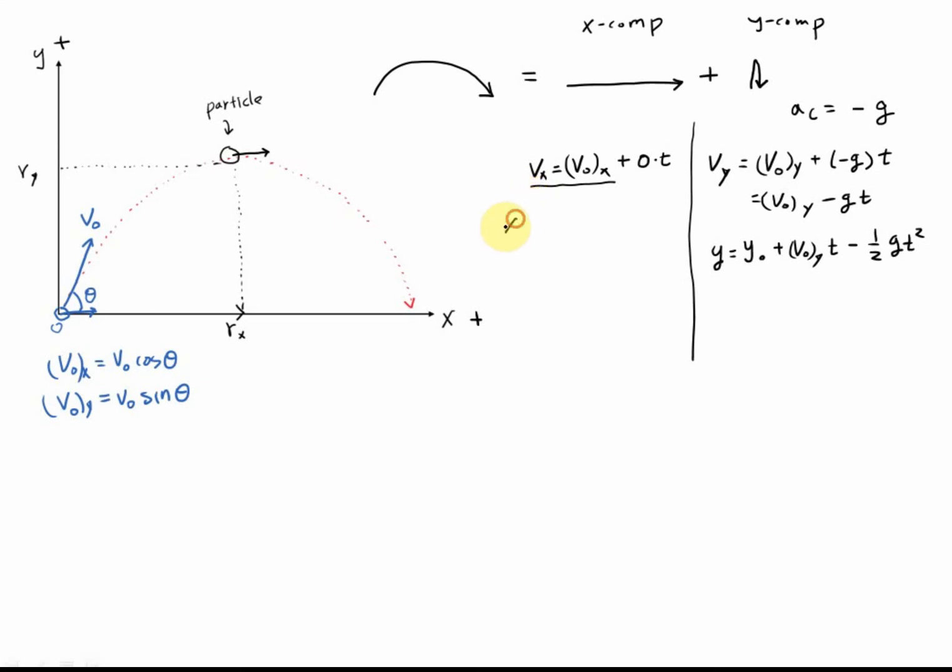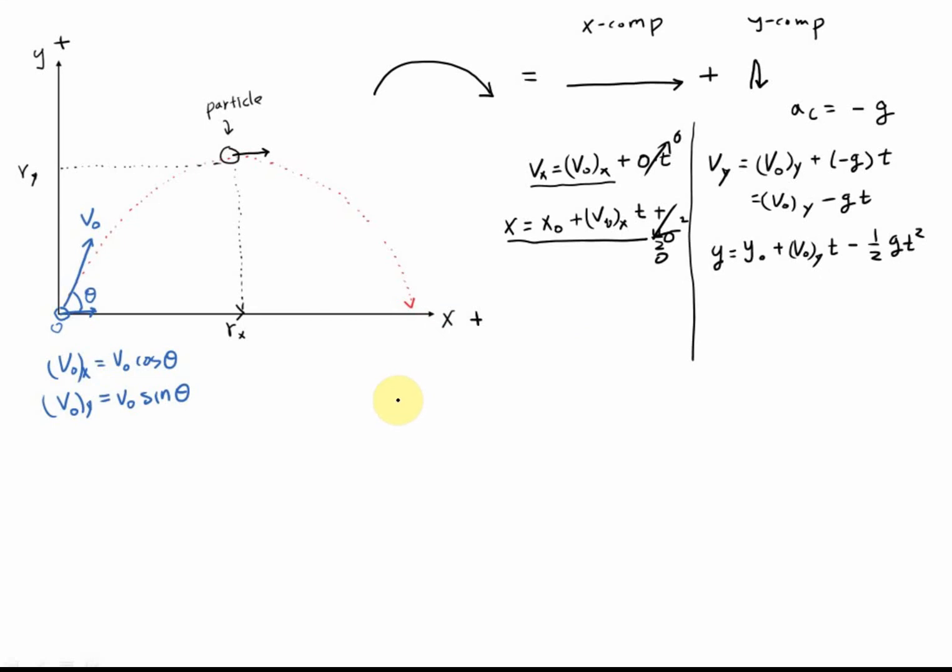And the x directional position x is equal to the initial position of x plus initial velocity times t, plus 1 over 2 times 0 times t squared, which is 0. So basically we have these equations.